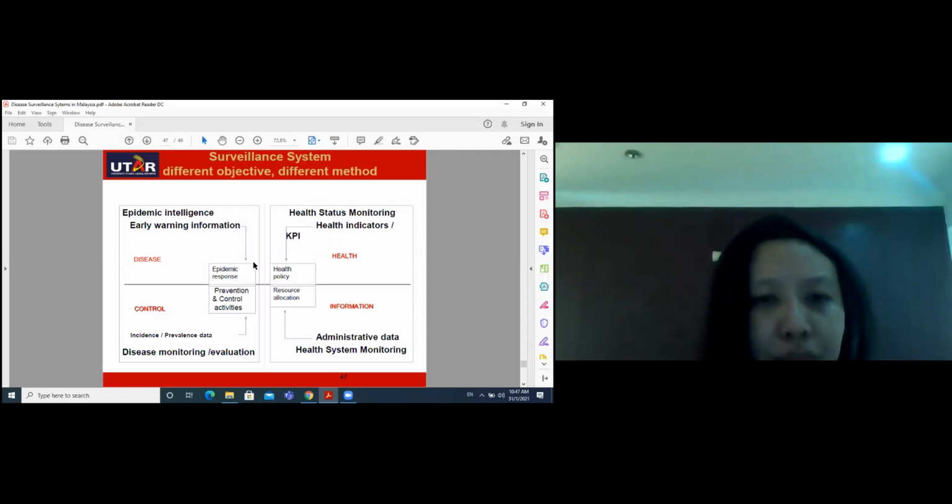After we collect, analyze and interpret all this data, we have disease monitoring and evaluation here. So we implement public health intervention or prevention and control activities here. And finally, we have resource allocation, with all the information from daily monitoring used for early detection of outbreaks.